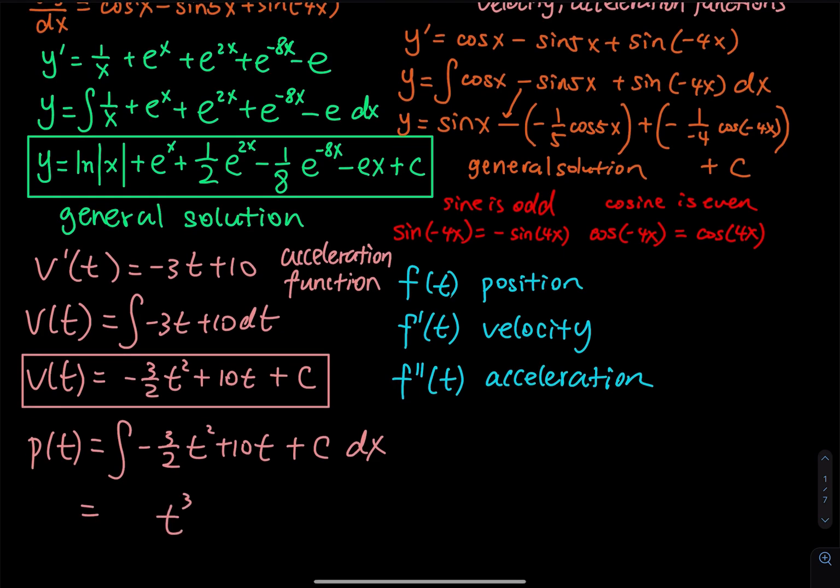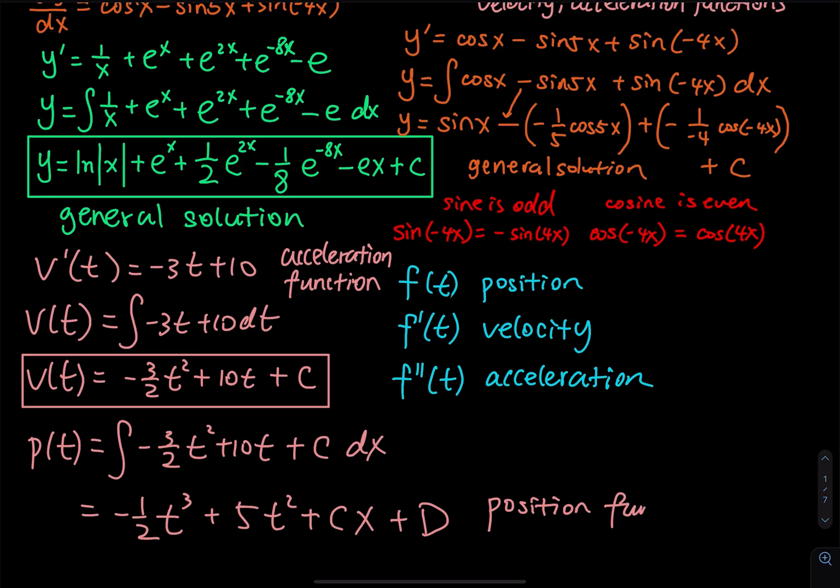So you have a 1/3, then this becomes a 1/2. And then this is a square, 10 divided by 2 is 5, and then you have a c times t. We are running out of letters, so let's just use d. So that represents the position function. If you want to keep it simple, you can just ignore the c. Without the c, this will be 1/2 t to the third plus 5t squared, plus d if you don't ignore the c right here.